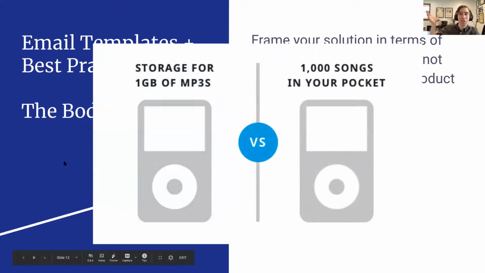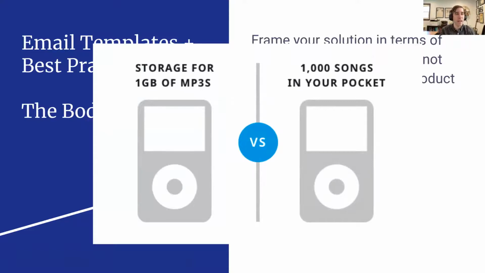A good illustration is the way that we were pitched the Apple iPod. I don't know if you're old enough to remember when the iPod was first released. It wasn't the very first MP3 player on the market. There were other MP3 players out there.